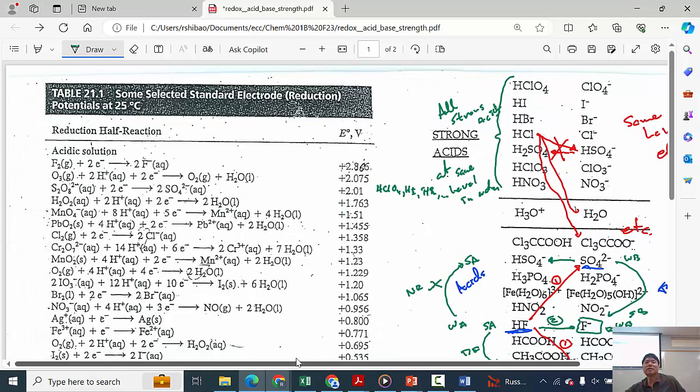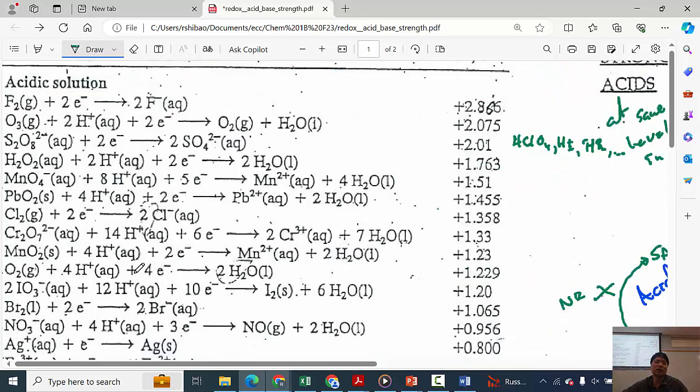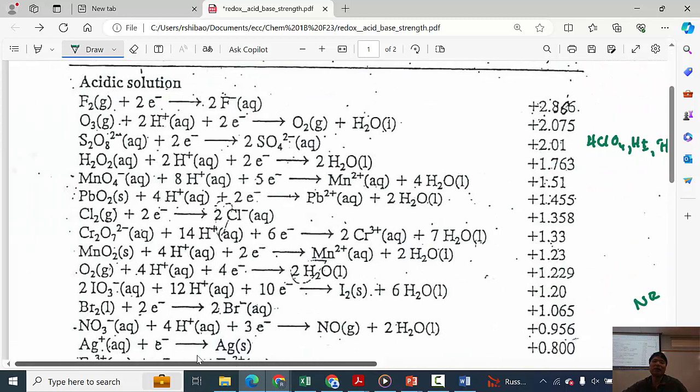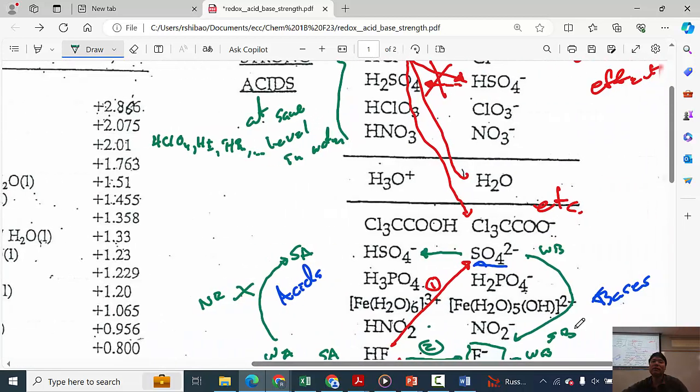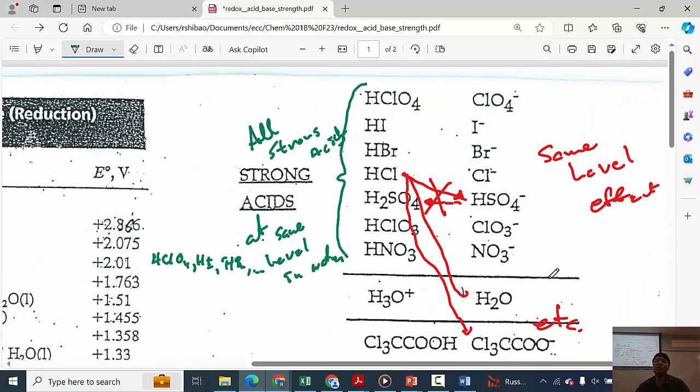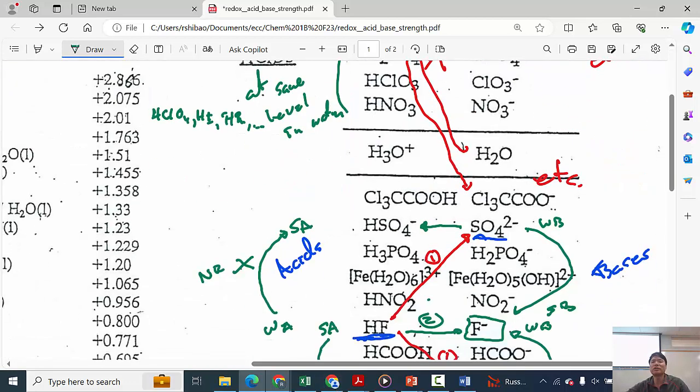All right, we can do the exact same thing for redox, except we don't have to worry about the leveling effect. What we do have to worry about is this. When we do acid-base, we only transfer one proton at a time. For example, sulfate can take 2 protons because it's -2.